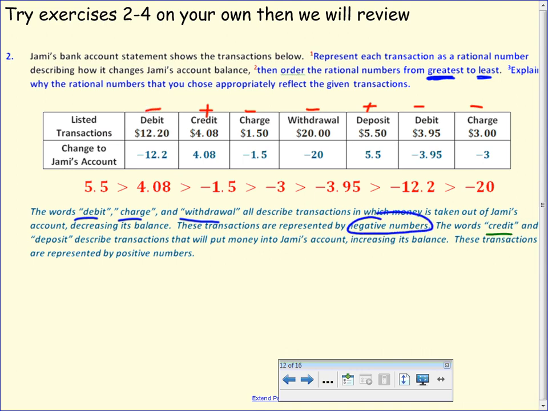And then words like credit and deposit told us that we were putting money in, increasing, so that's positive. I'm sure your parents asked them, do you have a debit card? Do you have a credit card? Talk to them about that. That would help a lot of this make sense. Okay, any questions on number 2? All right, let's go ahead and take a peek at number 3.